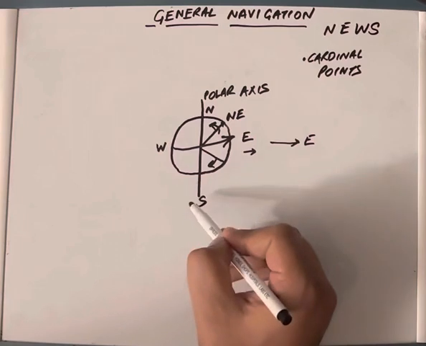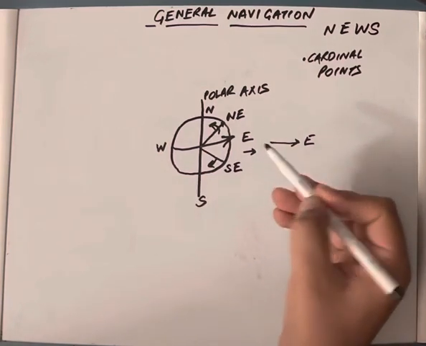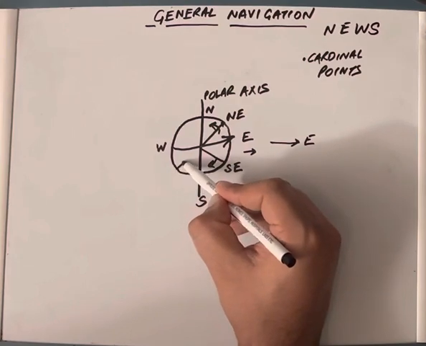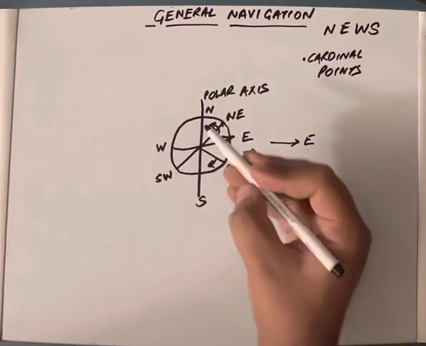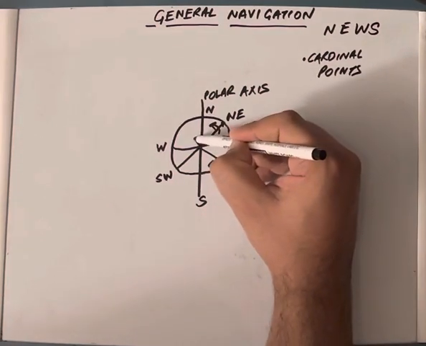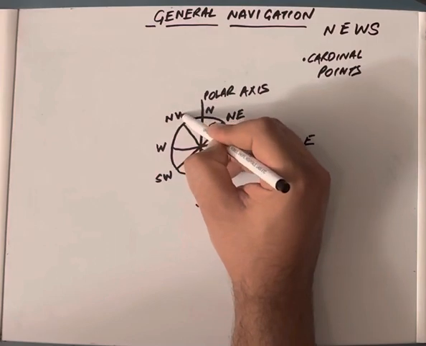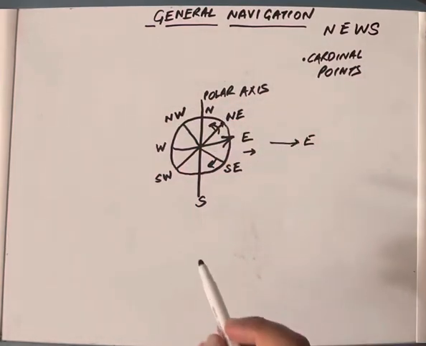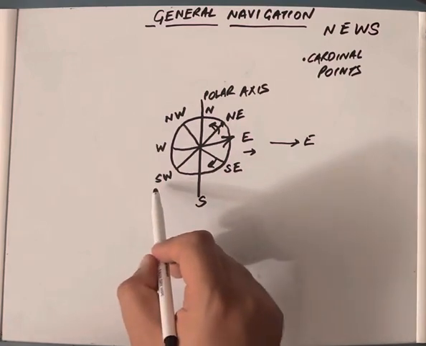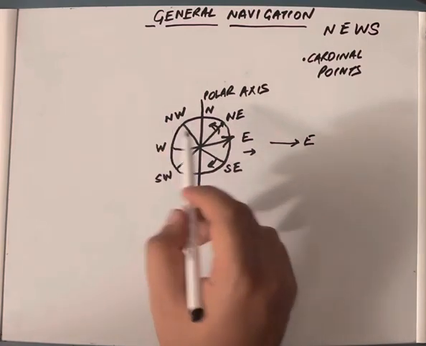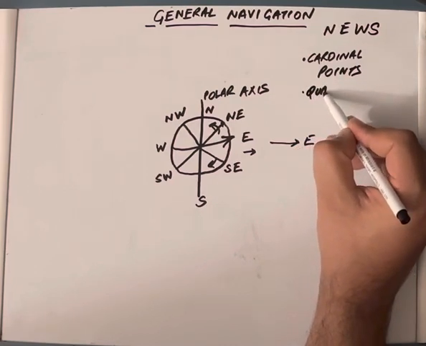Bisecting the east and south, the direction is called southeast. Between south and west, the direction is called southwest. And between north and west, the direction is called northwest. So these northeast, southeast, southwest and northwest are called quadrantal directions.